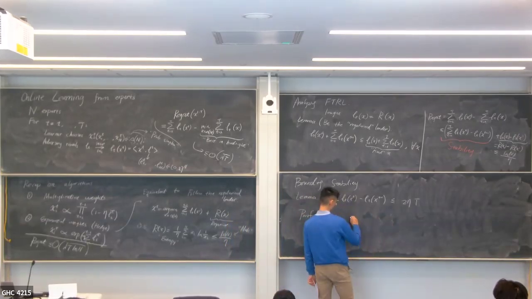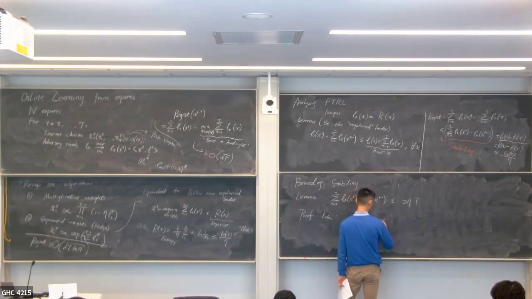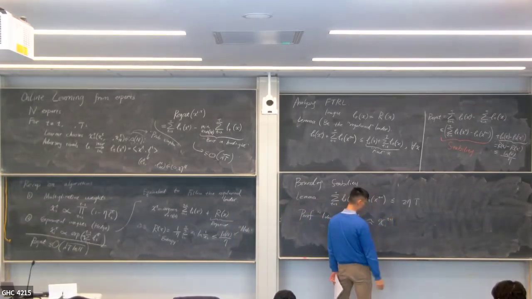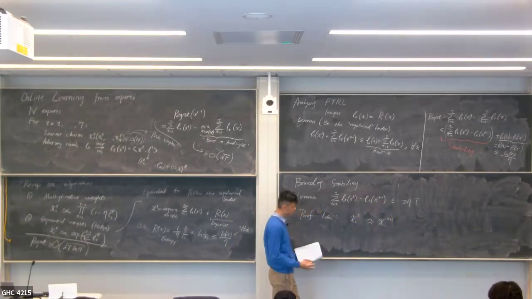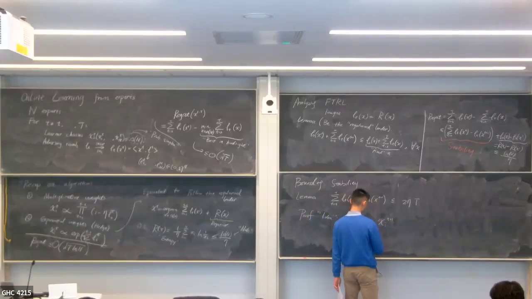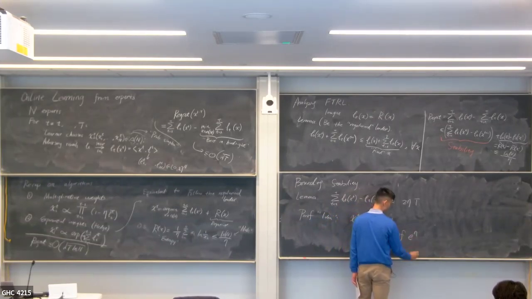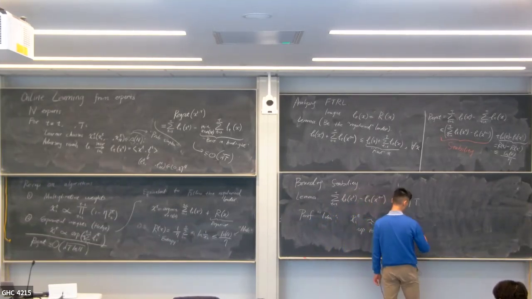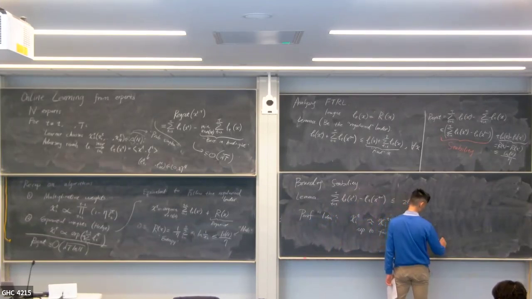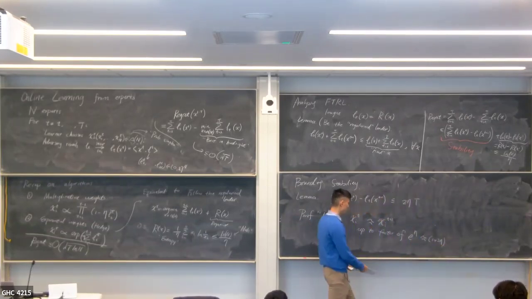If you look at the probability you put on expert i on round t versus the probability you put on expert i on round t plus 1, they are not so different. That's the idea of stability. They're just differing by a factor of e to the eta, which is roughly 1 plus 2 eta.